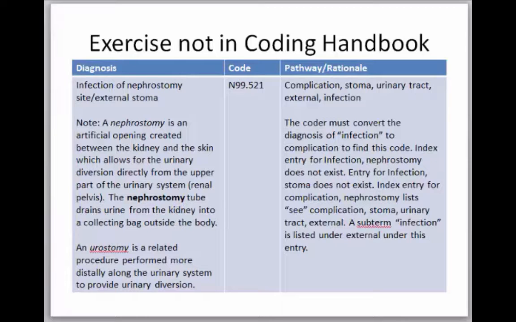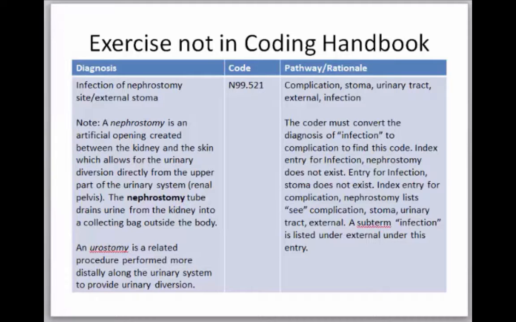The kicker here is that you really have to convert that diagnosis of infection to complication to find this code. And I would say the more you code, the more you're going to find that when you read something, it says infection, but it means complication because it's a procedure. A nephrostomy was a procedure that was done to the body, so it would make sense that it would be a complication code.